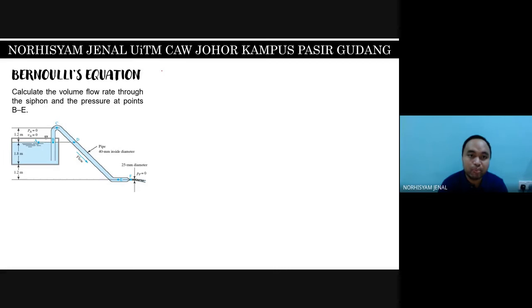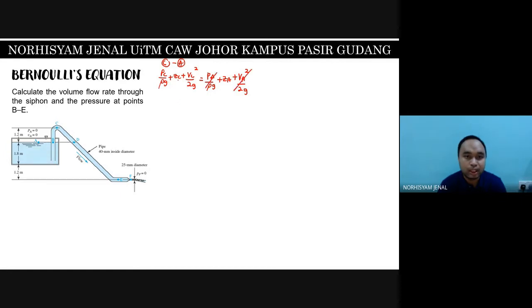And once again, we compare PC with A. So PC over rho G plus ZC plus VC square over 2G is equal to PA over rho G plus ZA plus VA square over 2G. Okay, so from here, we can do a simple cancellation again.